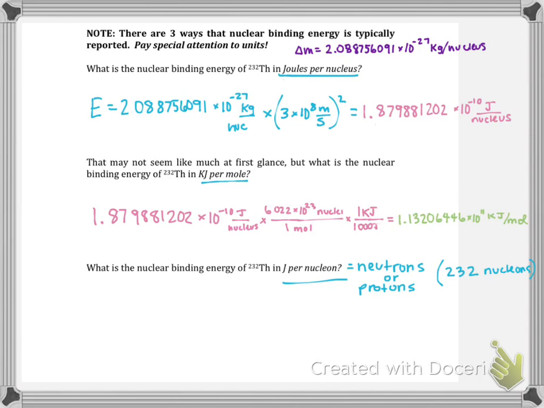So we'll start with our original energy with the 1.88, which is in joules per nucleus. And then we can say, well, in one of my thorium nuclei, so one nucleus, I'm going to have 232 nucleons.